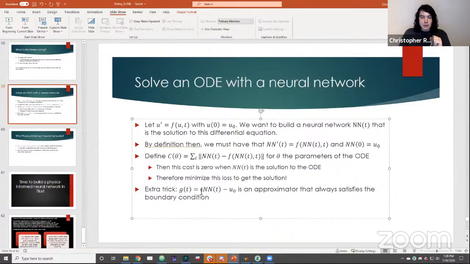And the reason why we do this is because when t equals 0, then g of t equals u0. And when t is non-zero, then we have a universal function approximator here, right? So if we use g of t instead, we always satisfy the initial condition. So in some sense, this is one trick to be able to input more scientific information into our neural network. So you can do all sorts of other tricks.